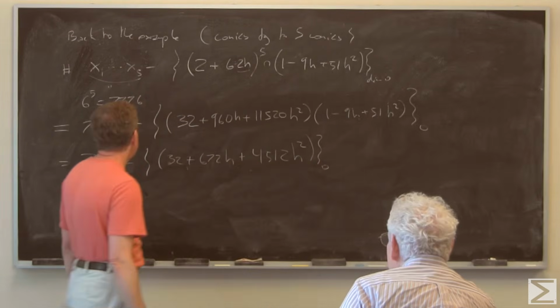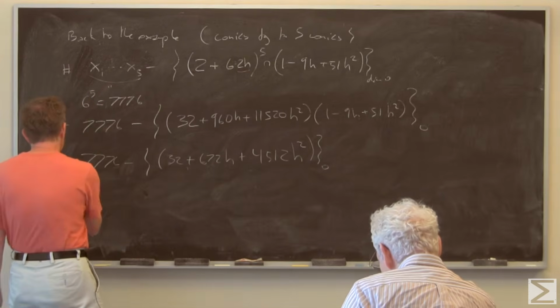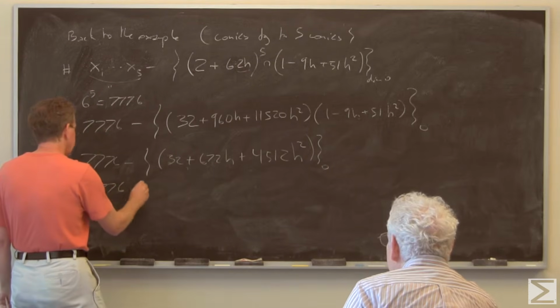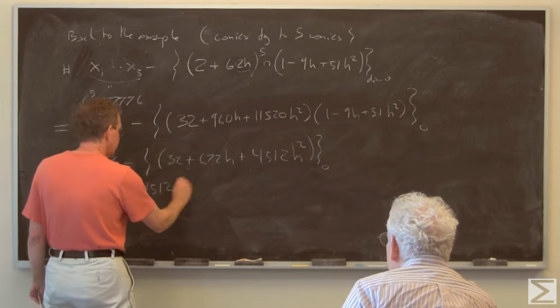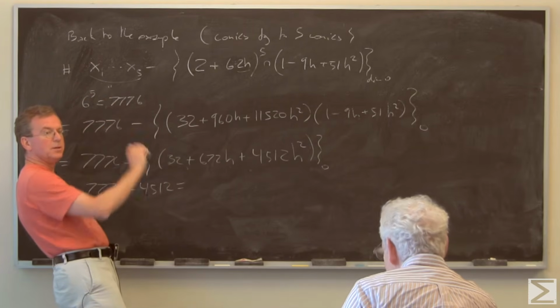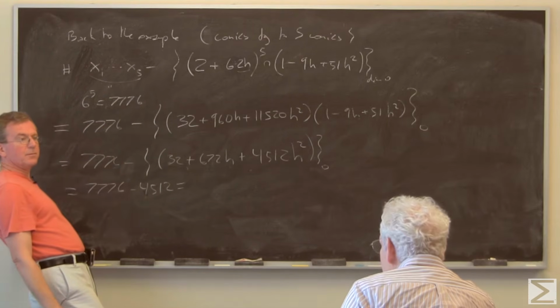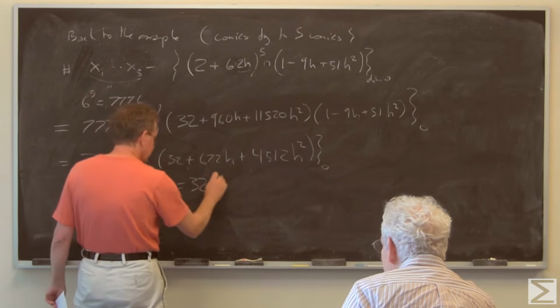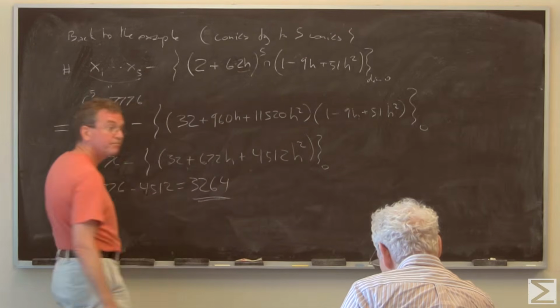Dimension 0 means coefficient of h squared, so 7776 minus 4512 equals 3264. Of course, 3264. This is a famous number.